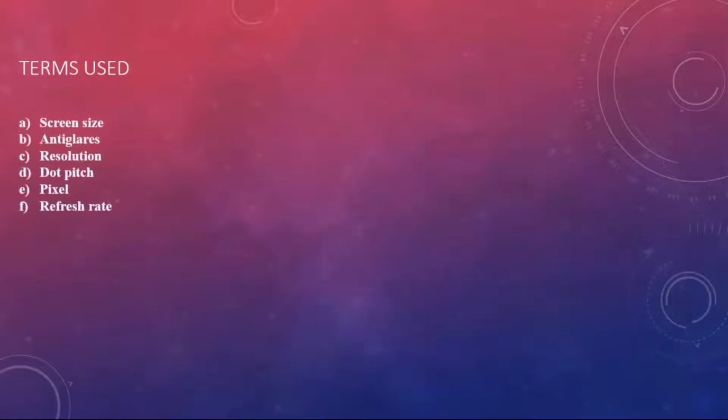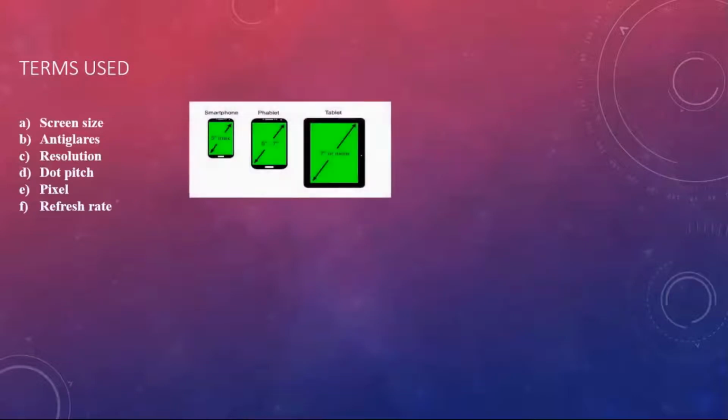Now, members, when we are dealing with monitors, we have to understand certain terms used. We have what we call the screen size. Many of you who have ever bought a screen from the market or from shops will notice that you always ask for a screen by its size.